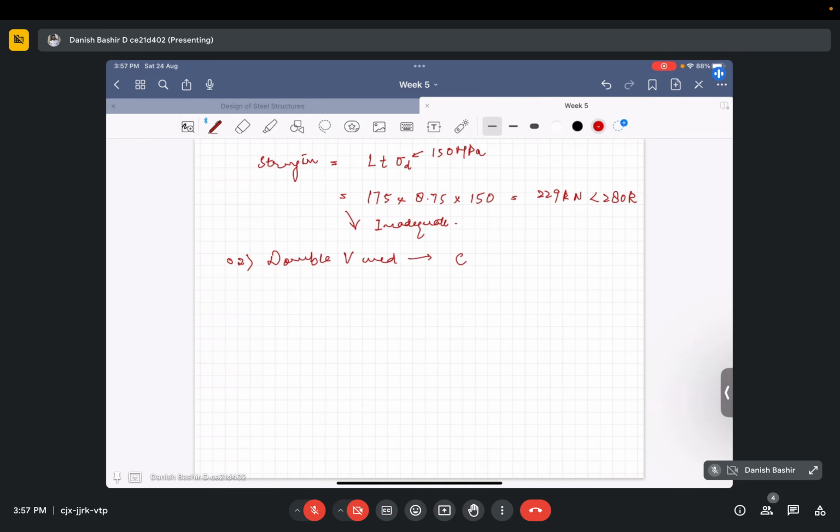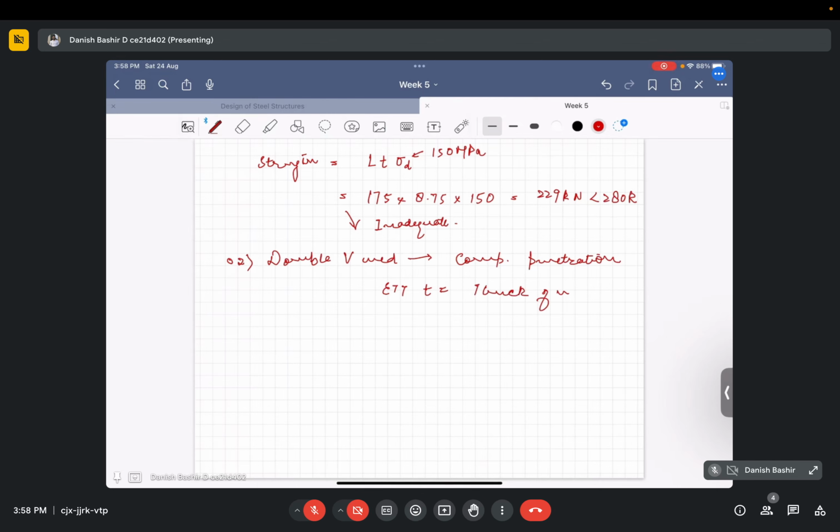For complete penetration, we have to take the effective throat thickness as the thickness of the thinner member to be connected, that is equal to 14 mm.